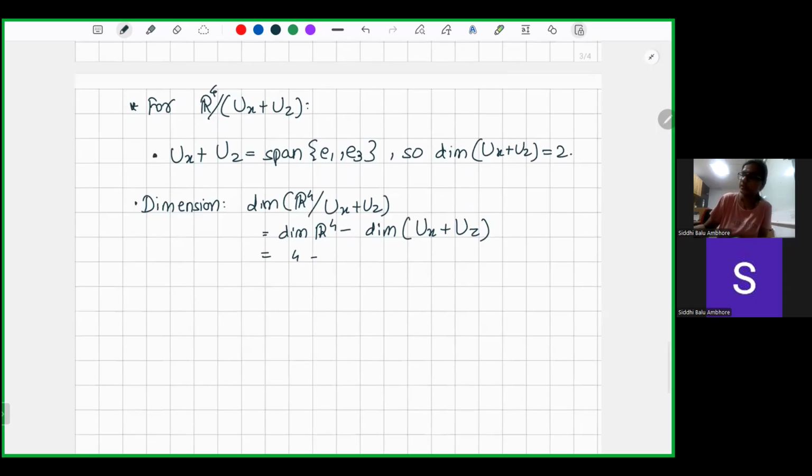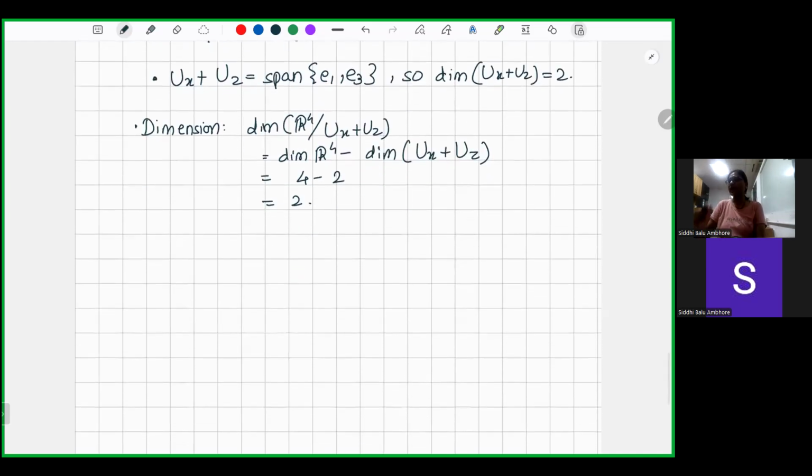So this becomes 4 minus 2, that is 2. So the dimension of R4 quotiented by Ux plus Uz is 2.